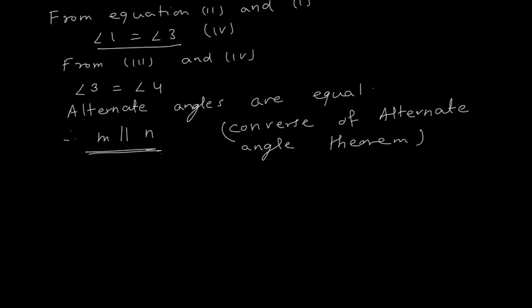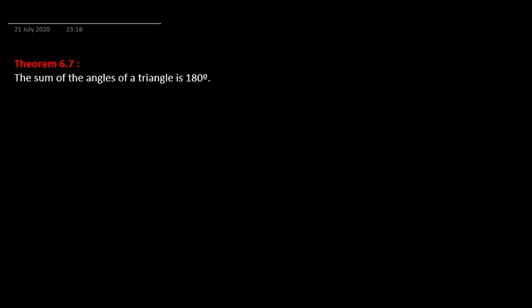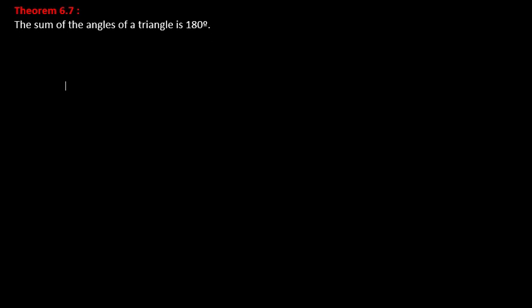Now let us see theorem 6.7. Theorem 6.7 is the sum of angles of a triangle is 180 degrees. So we have to prove that, this is triangle ABC. We have to prove that the sum of angles, so let us write this as angle 1, this angle 2 and this angle 3.